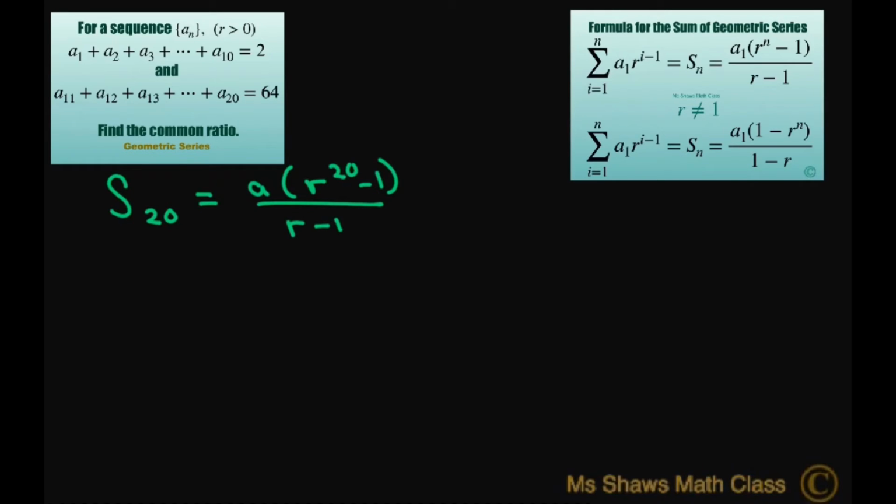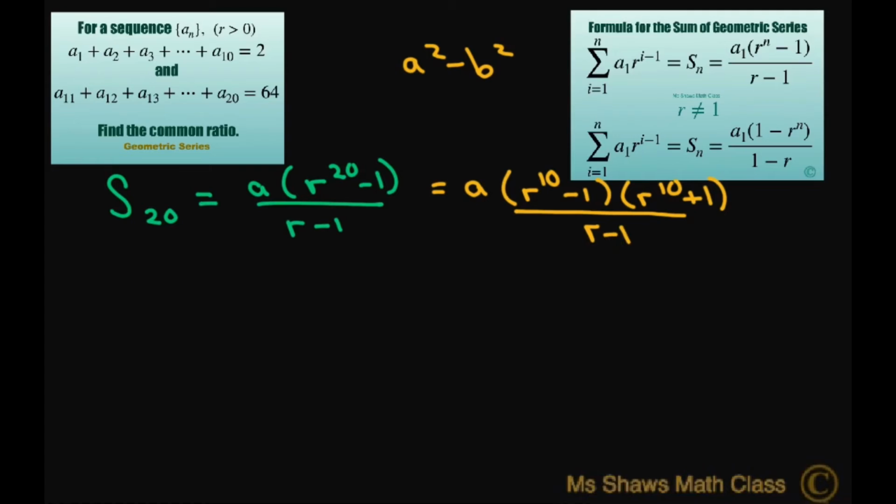Now I can rewrite this as a and use my difference of squares: r to the power of 10 minus 1 times r to the power of 10 plus 1, right? We're just using the a squared minus b squared thing, all divided by r minus 1. So I just expanded that, and we already know this equals 66.